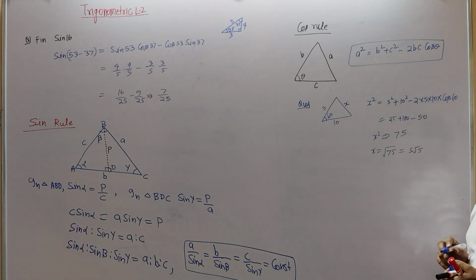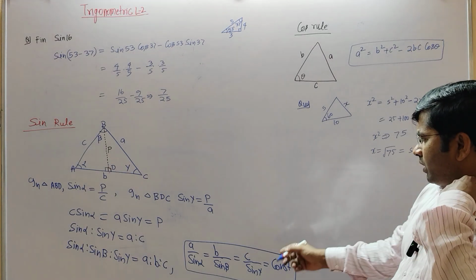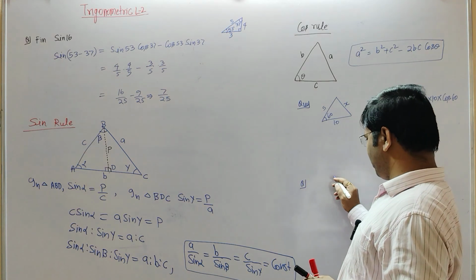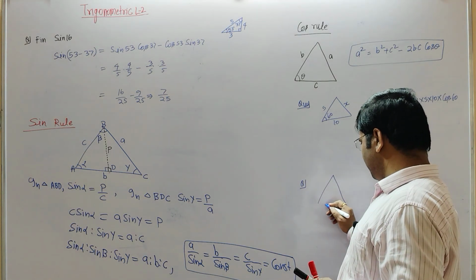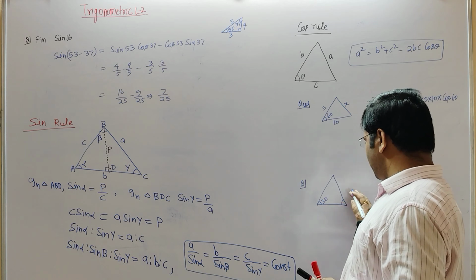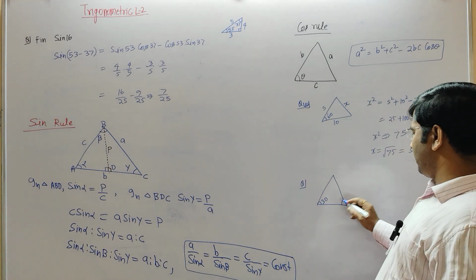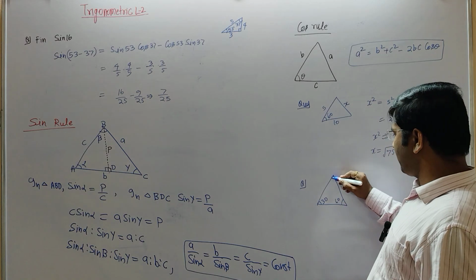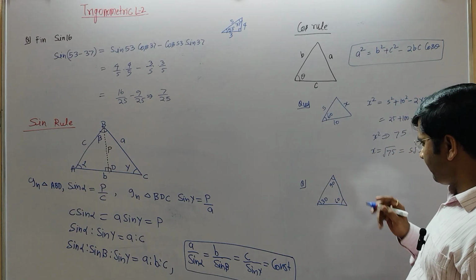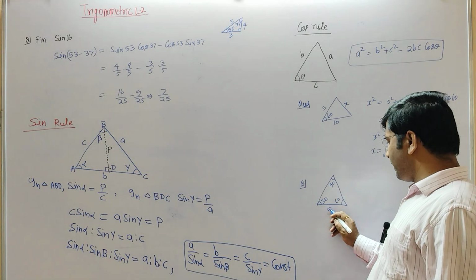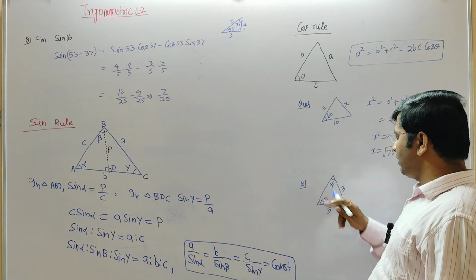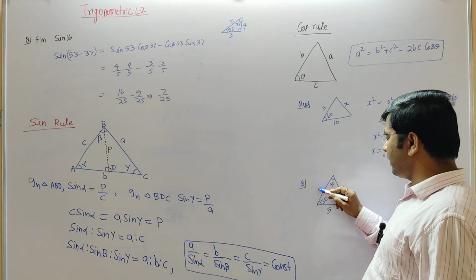Similarly, we will solve one more using the sine rule. Let's say this angle is 30, this angle is 60, so of course this will be 90. Say this side is 5, and this side is 3. What would be this side? Let me say this side is x.